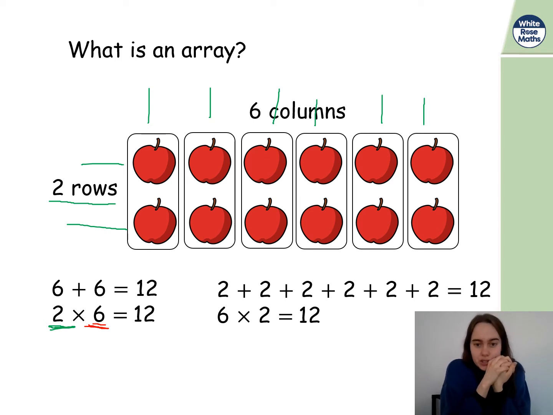So 2, add 2, add 2, add 2, add 2, add 2. That equals 12. And instead of saying 2 times 6, because there aren't 2 groups of 6, I'm going to say 6 multiplied by 2 because there are 6 equal groups of 2.